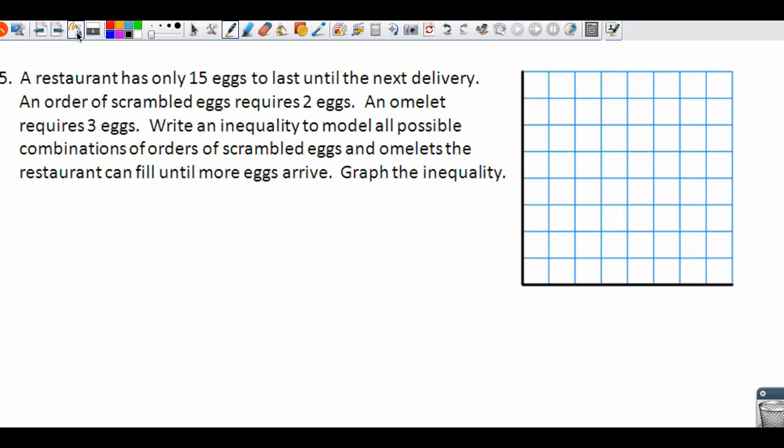So maybe we say that variable s represents scrambled. And an omelet requires 3. So O can represent omelet.